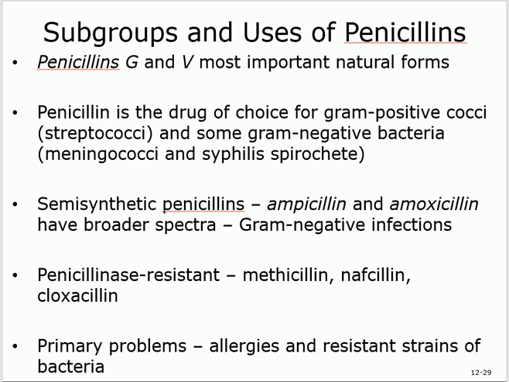Penicillinase, right? So if that's the case, if the bacteria produce penicillinase, what should we do now? They started to play in the laboratory with the different types of penicillin. They come up with those. You don't really have to remember the name, but just know that there are some penicillins that are penicillinase resistant.